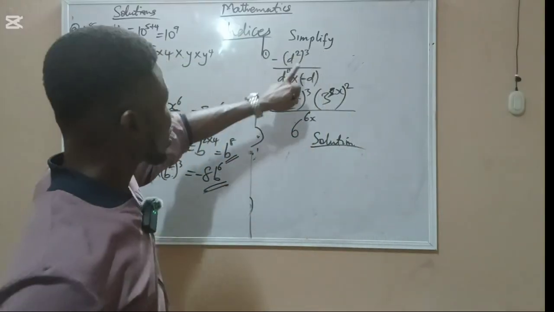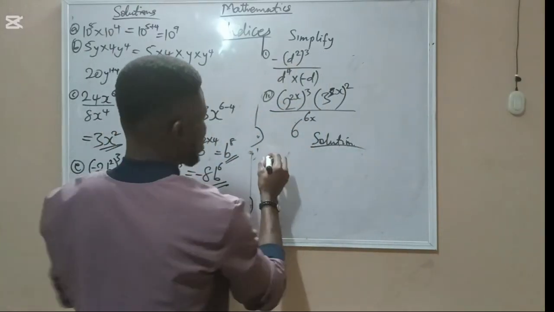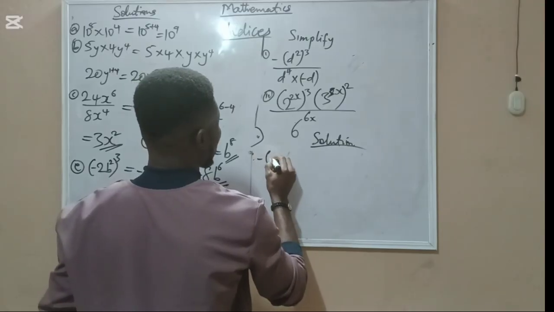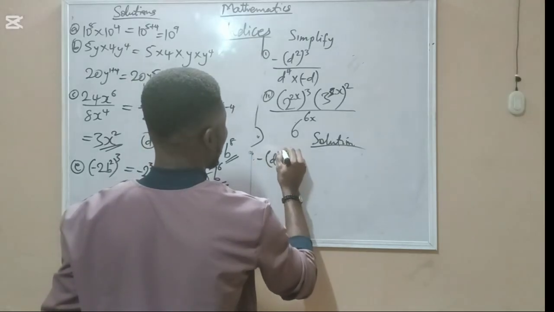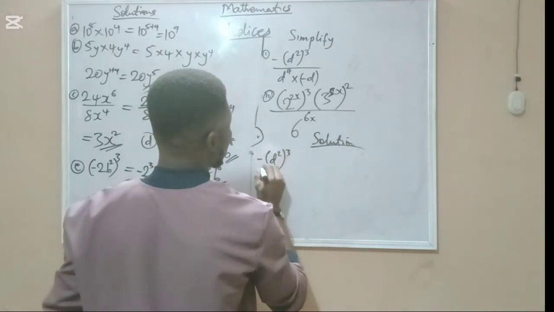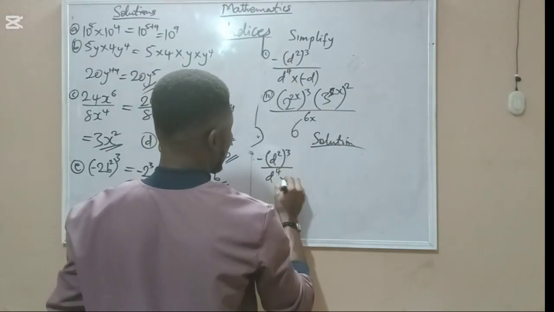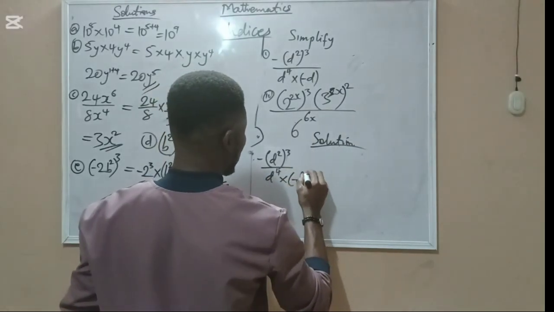And the first one says minus d squared, all to the power 3, divided by d^4 times minus d.